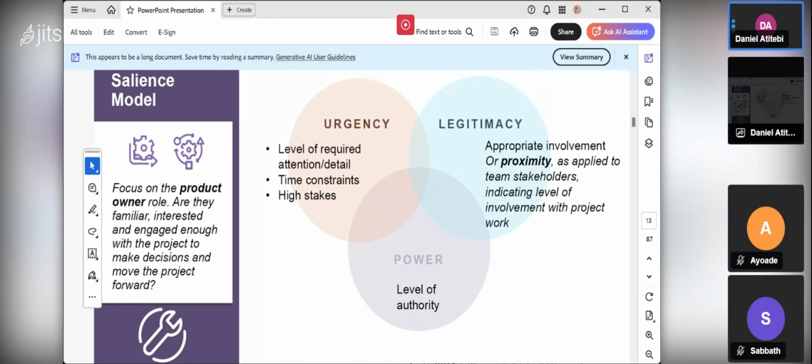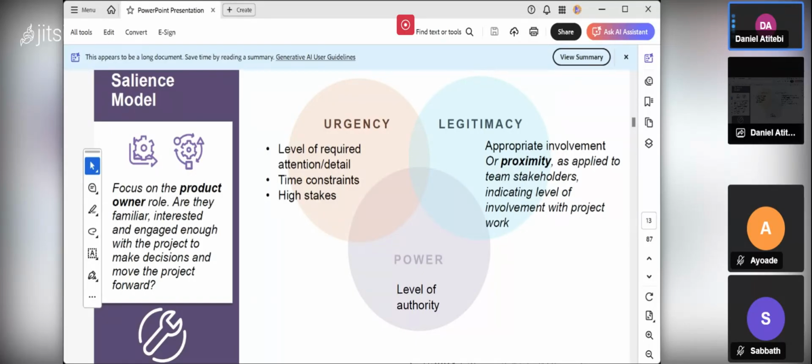We are doing all this so that you have buy-in from them. You want to be on the same page with them, and then when they know that you cater for their interests, you engage with them, you communicate with them, you put their interest in your mind while you are managing the project, anytime you have an issue in your project, they will support you financially, support you in any way you want because you cater for their interest.